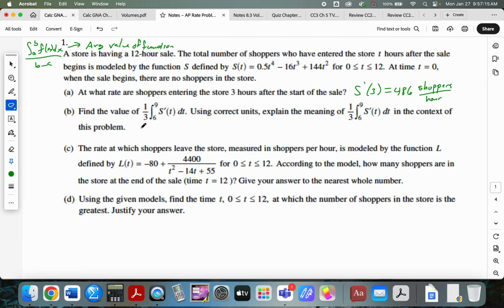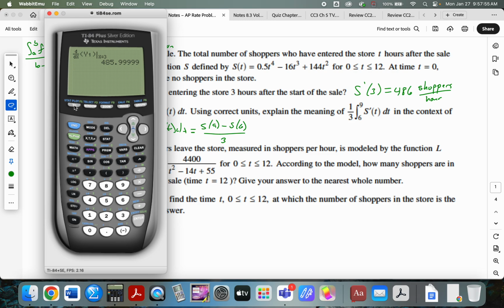So it says, find the value of this. Well, this value is going to, by the fundamental theorem, be S of 9 minus S of 6 over 3. So again, I'm going to use my calculator to do that so that I don't have to do this by hand.